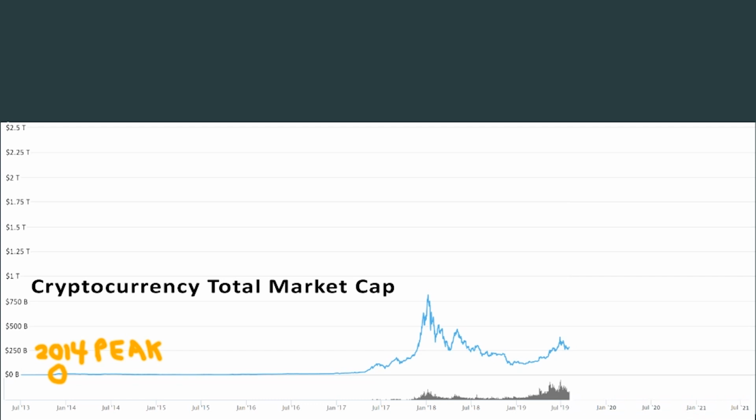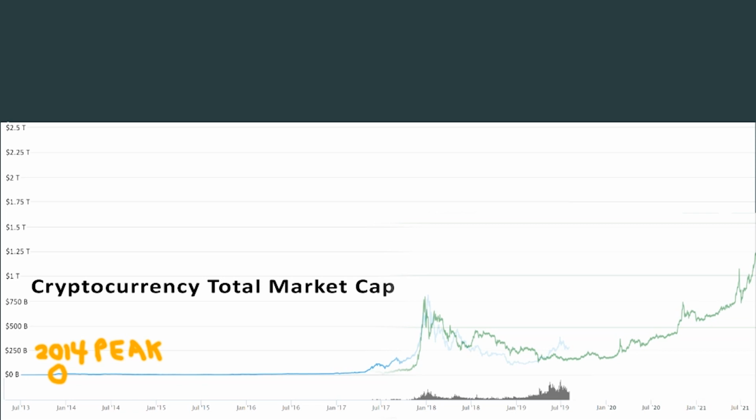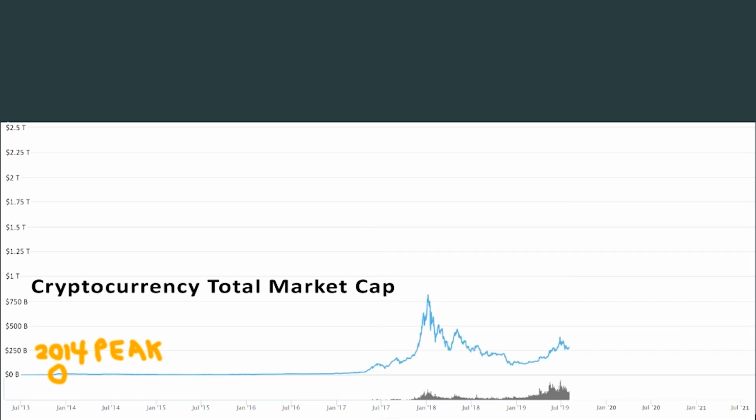If we overlay the 2014 to 2017 bull run on top of the current price cycle, you can see that it looks similar in many ways. Let's scale it so that it lays on top of the current price cycle more closely. There. Now, keep in mind that on the right side of the graph, this is not the peak of the bull run.